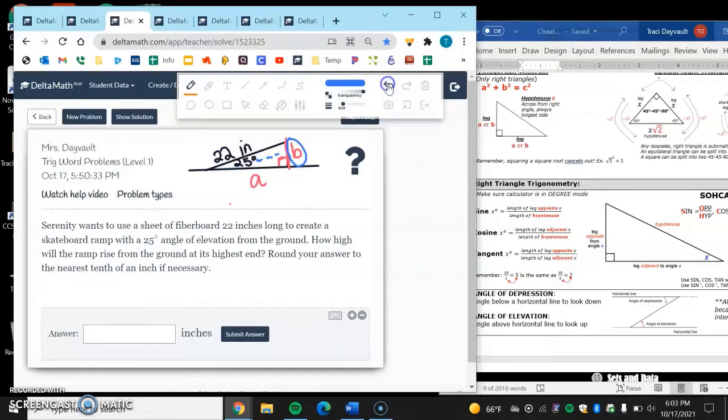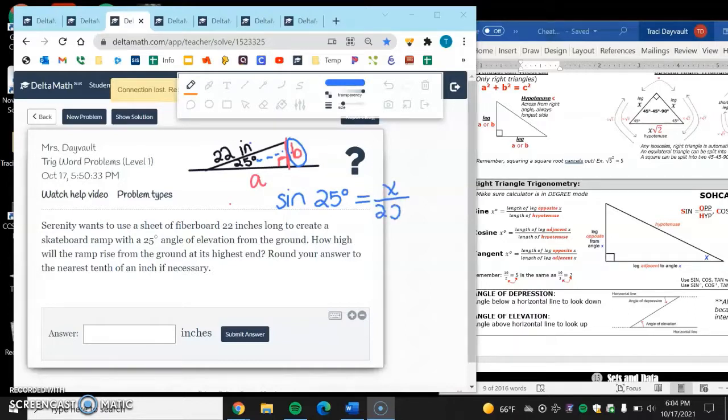All right, what formula could you set up to solve this? So we're going to use sine because it's opposite over hypotenuse.